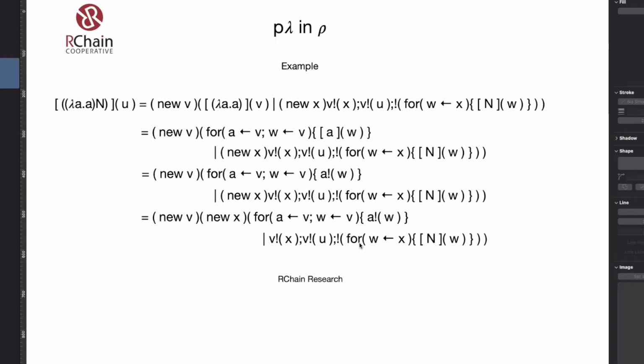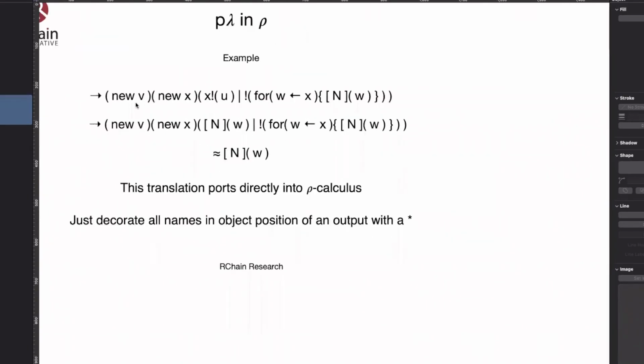Well, lucky for us, look at that. I'm shouting x on a v, and then I'm shouting u on a v. So that's these two things. They kick off these two things, right? So I'll just get whatever the substitution is here in parallel with that under this new scope. Is that clear? Yes. Okay.